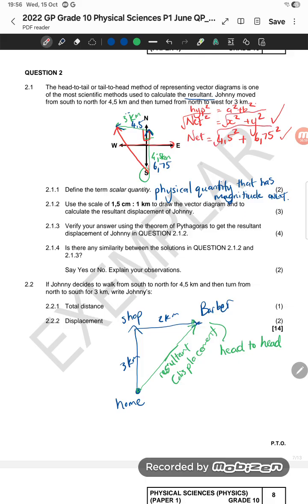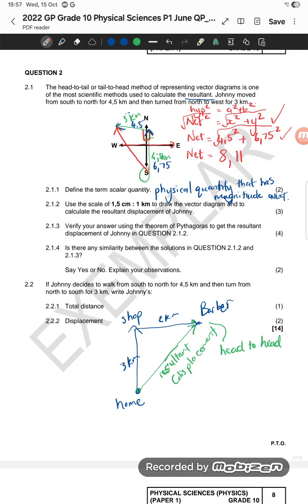So my net, where I'm going, or my resultant, would be, let's just see, 4.5 squared plus 6.75 squared equals, and take the square root of that, which is 8.11.